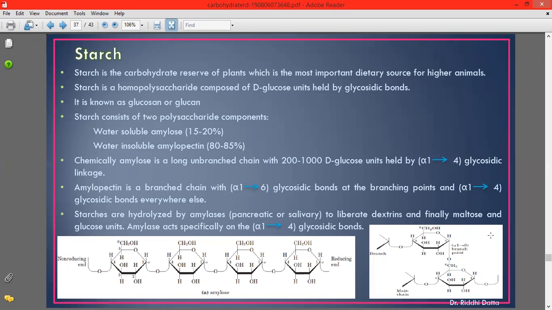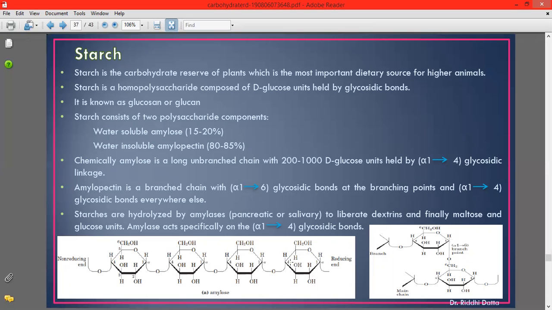Okay, so amylase acts specifically on alpha 1 to 4 glycosidic bond. Okay, alpha 1 to 4 જેટલા પણ ગ્લાયકોસિડિક બોન્ડ હશે ત્યાં શું કરશે? અમાઇલેઝ એન્ઝાઇમ એટેક કરશે. સો સ્ટાર્ચ જે છે એ આપણે એને બ્રેક કરીએ ત્યારે બે વસ્તુ મળે, અમાઇલોઝ એન્ડ અમાઇલોપેક્ટિન. બરોબર, તો અહીંયા અમાઇલેઝ એન્ઝાઇમ જે છે એક્ટ કરશે. આ નોન રિડ્યુસિંગ એન્ડ છે, this is the reducing end, બરોબર, and this is the chain of glucose units. ઓકે, અહીંયા બ્રાન્ચની અંદર અહીંયા આલ્ફા 1 to 6 છે અને અહીંયા સળંગમાં 1 અને 4 છે.